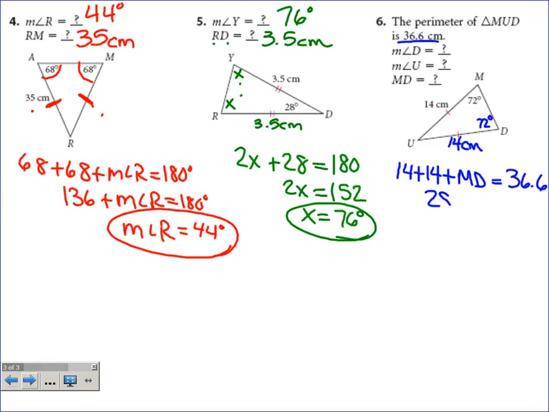This would be 28 plus MD equals 36.6. If we subtract 28 from both sides, we would have 8.6. Is that correct? Okay, and that's one of the things it asks for, so I'm going to write this up here. This is 8.6, and again, centimeters would be the best way to write.